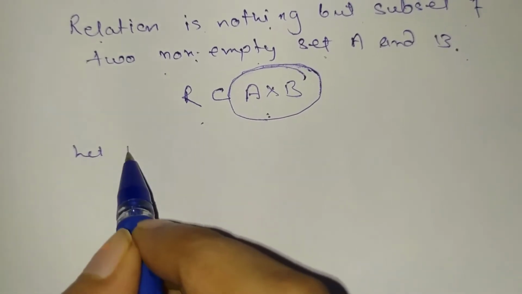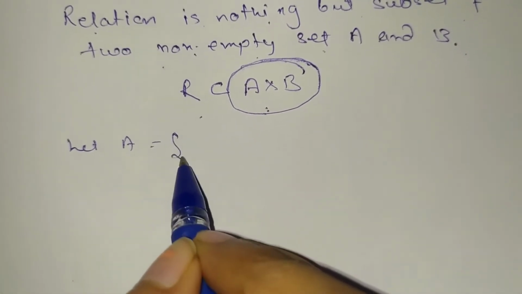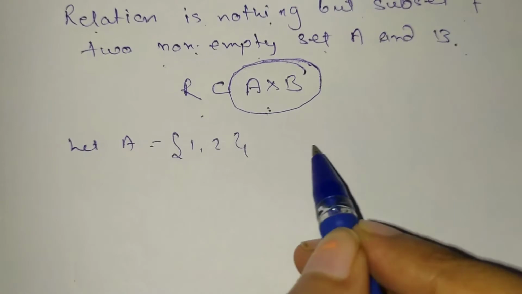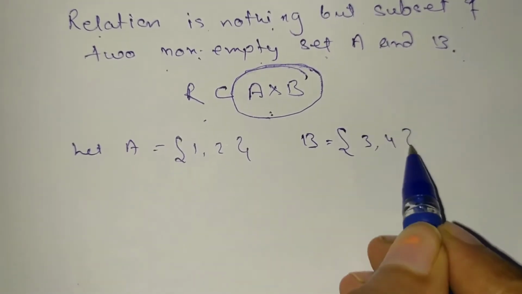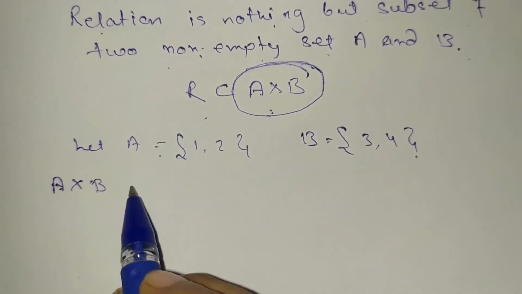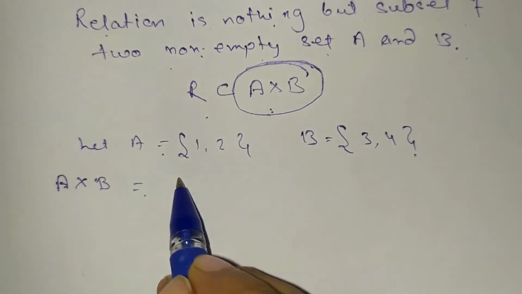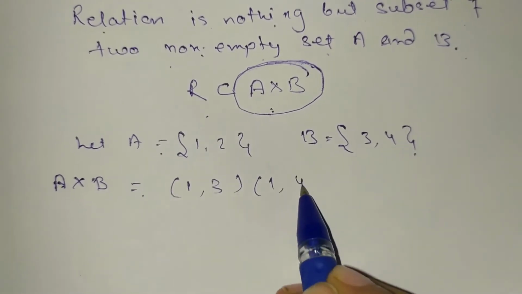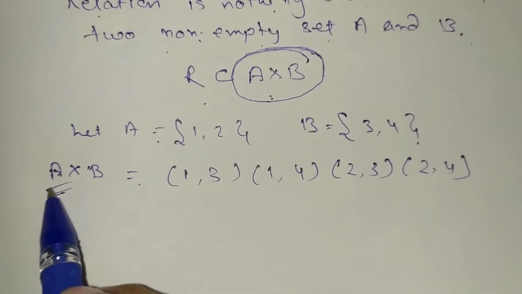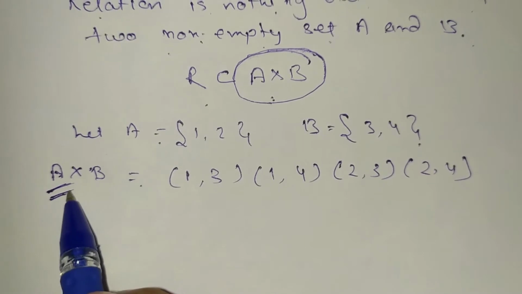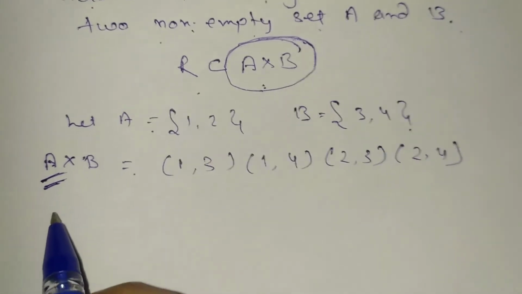Let set A have elements 1, 2 and set B have elements 3, 4. Now from this we get A into B equal to (1,3), (1,4), (2,3), (2,4). Now from this Cartesian product, let's form the relation.